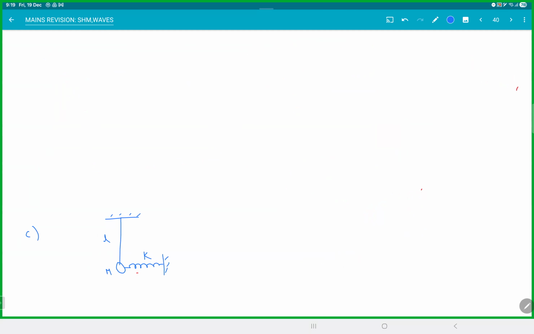How to do this thing? This thing is displaced by theta. So when you displace by theta, the spring force will be K into L theta. That is the spring force. This will be mg sine theta. That's your restoring force. So torque about this point will be mg sine theta into L plus KL theta into L cos theta is equal to minus IA alpha.